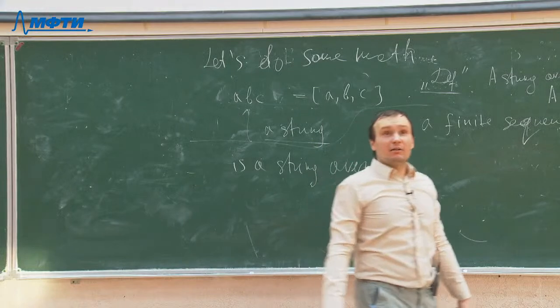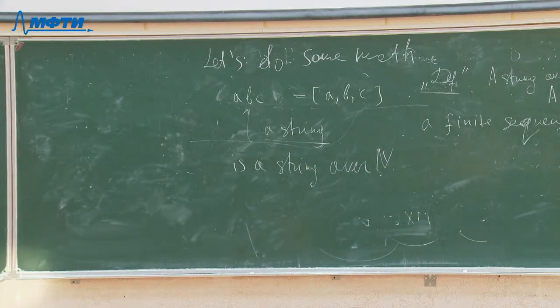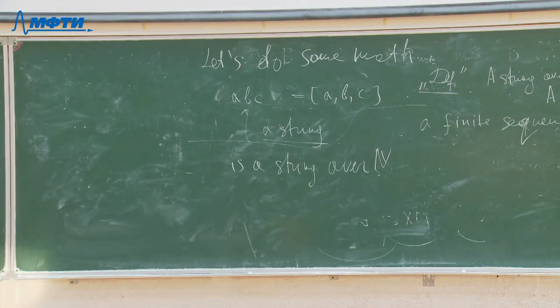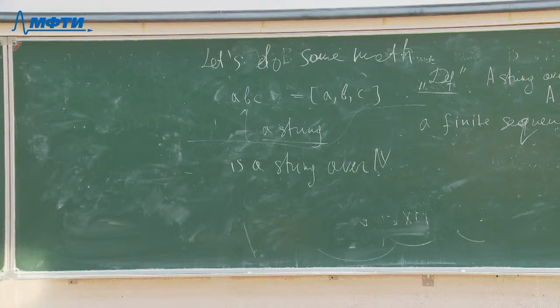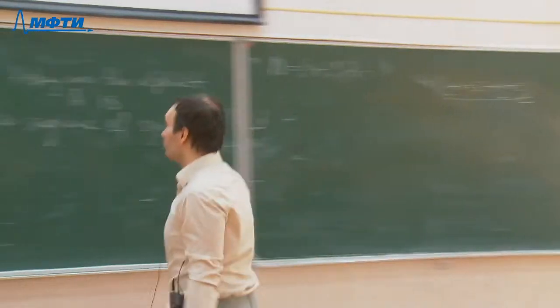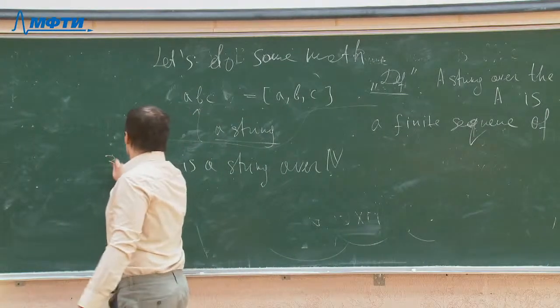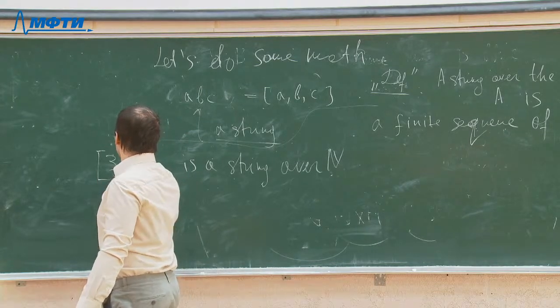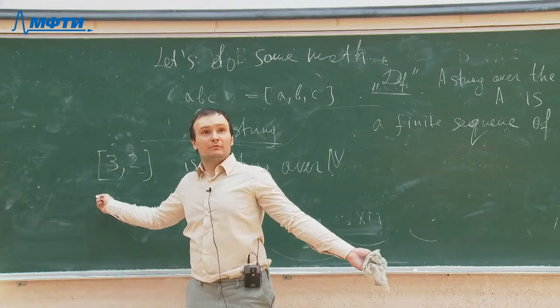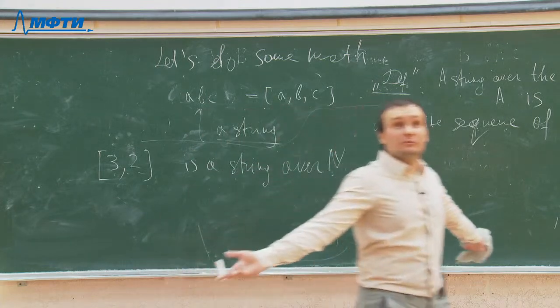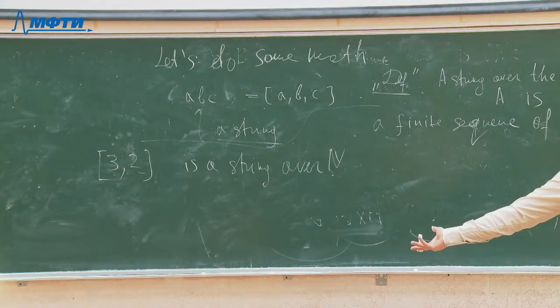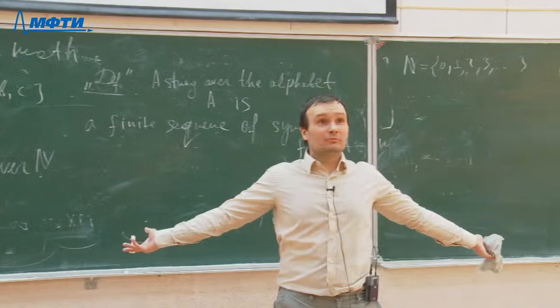So please, give me a string over the set or alphabet of natural numbers. A finite sequence of natural numbers. 3, 2. 3 is the first symbol, 2 is the last one. Why not? Of course, it's a valid example.